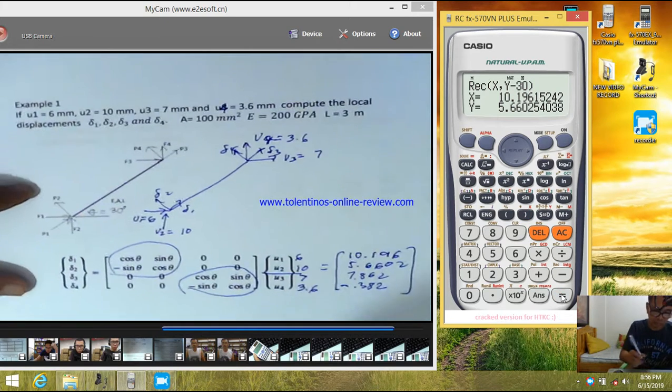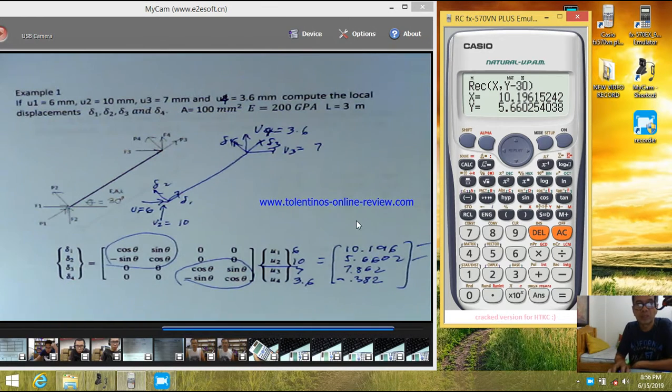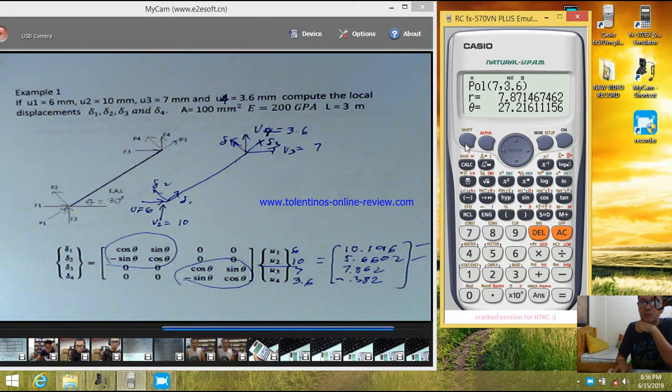You see that I get these two values, the same as the values here. Shift plus polar 7, comma 3.6, and then enter, and then I want the components now.